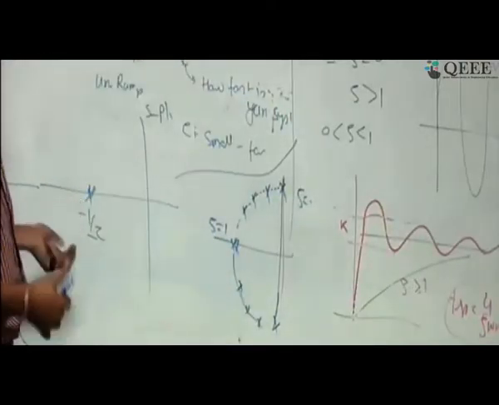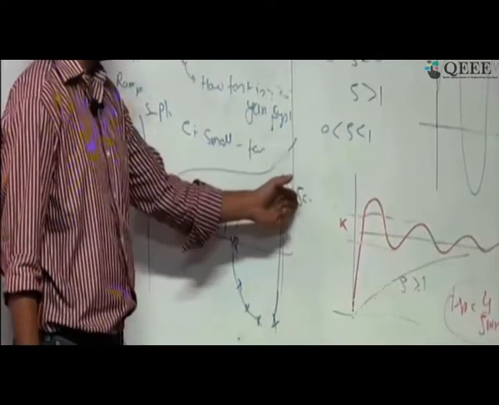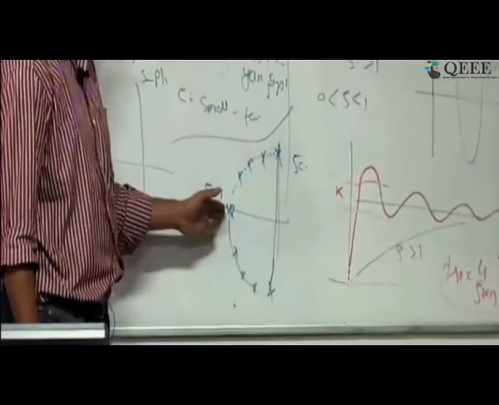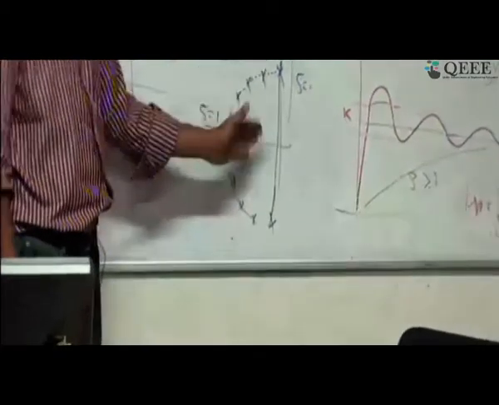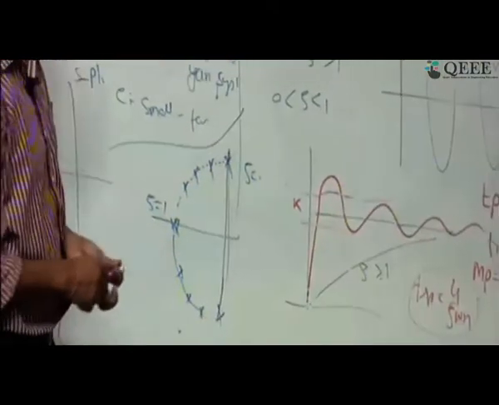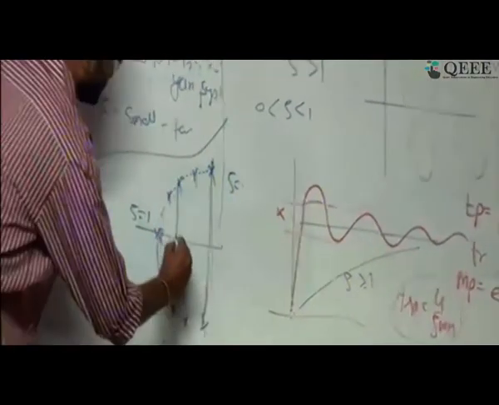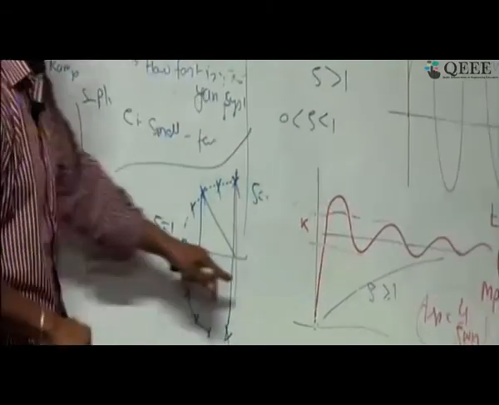So by looking at the poles, I can say how my system is behaving: zeta equal to 0 means oscillatory behavior, zeta equal to 1 means it's an overdamp system, and in between you can look at what the response is going to be. Okay, and you can relate that zeta omega n is this part. As long as zeta omega n is high, the settling time will be small.